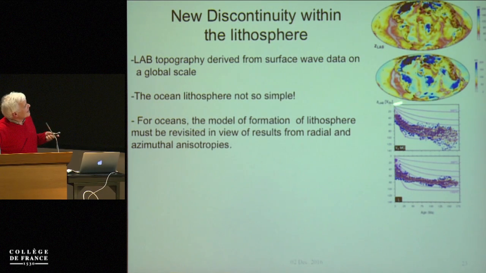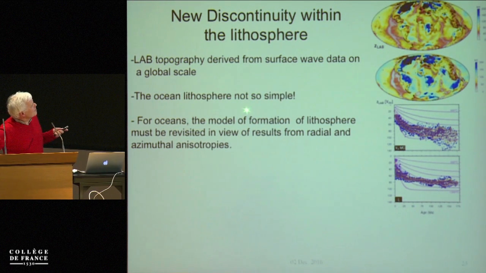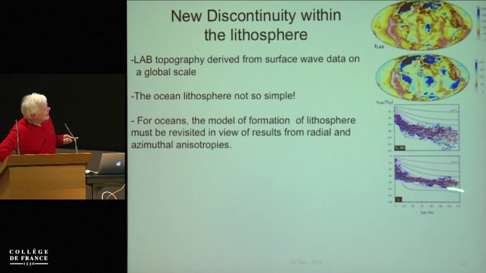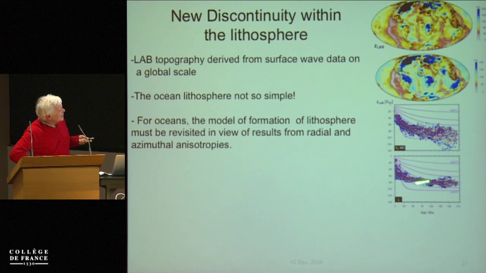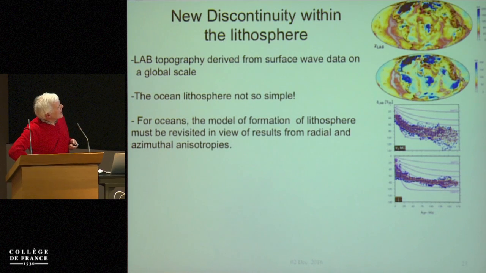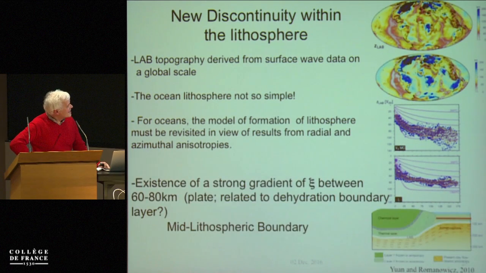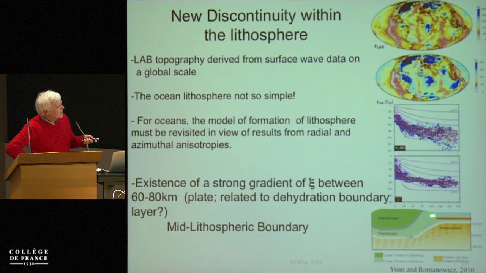and we see that it was not expected to have this kind of intermediate mid-lithospheric strong gradient, and now we can wonder if there is this kind of result for continents, and I will show you another recent result about continents, following the work by Yuan and Romanowicz, where they also found some stratification in the continental plates.